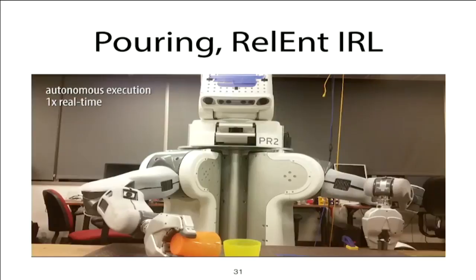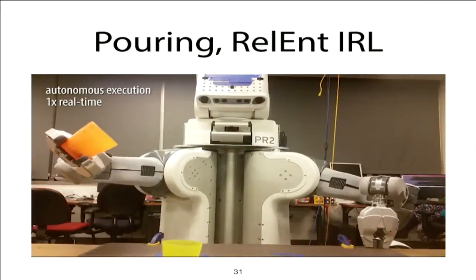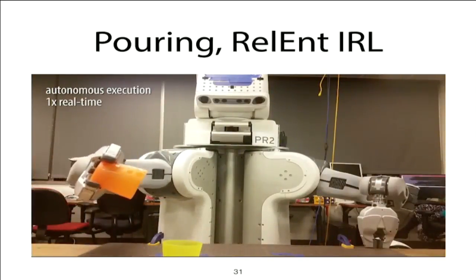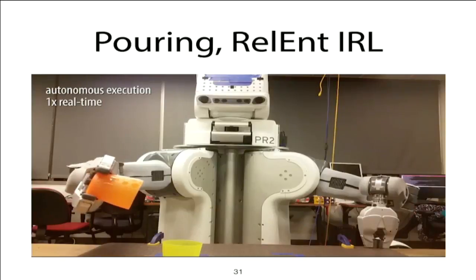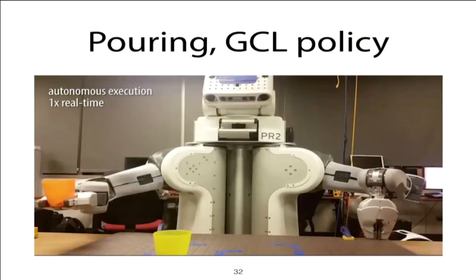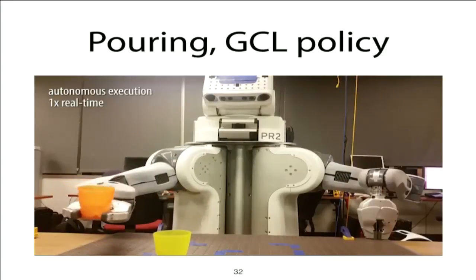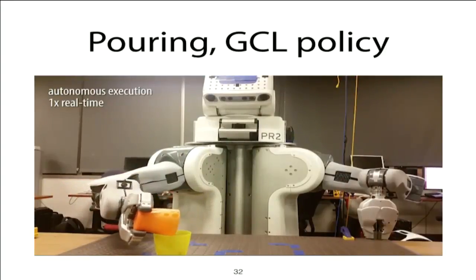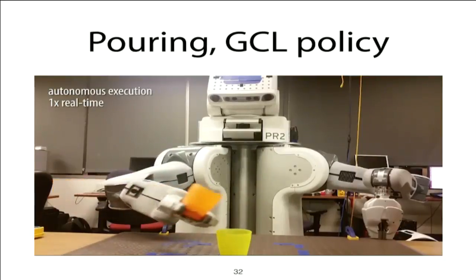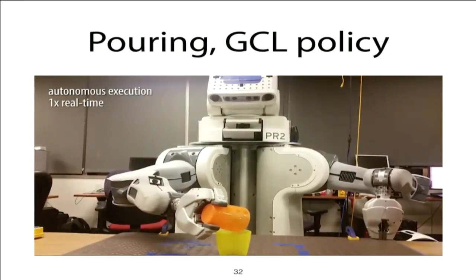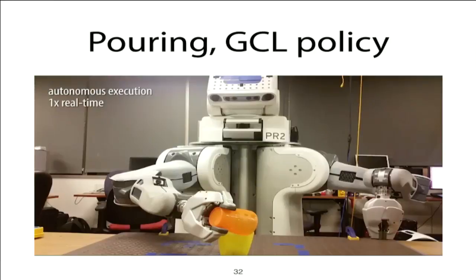As you can see, the robot isn't able to figure out the cost because of the inaccurate partition function estimate. And then here's the policy learned with guided cost learning. It's able to accurately move the cup to the goal and get the almonds into the goal cup.